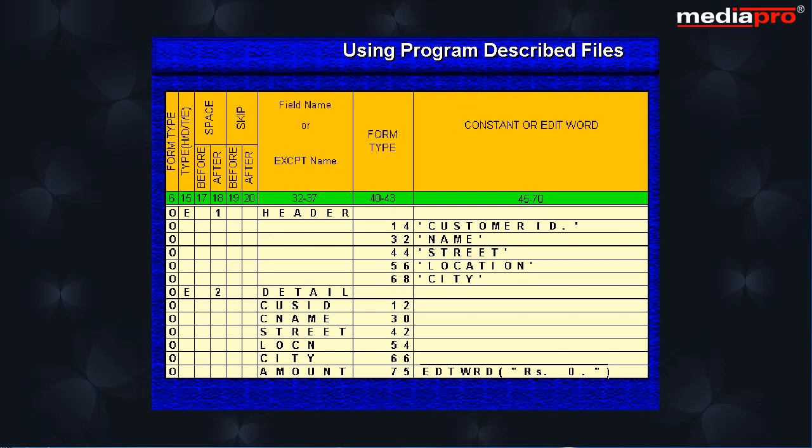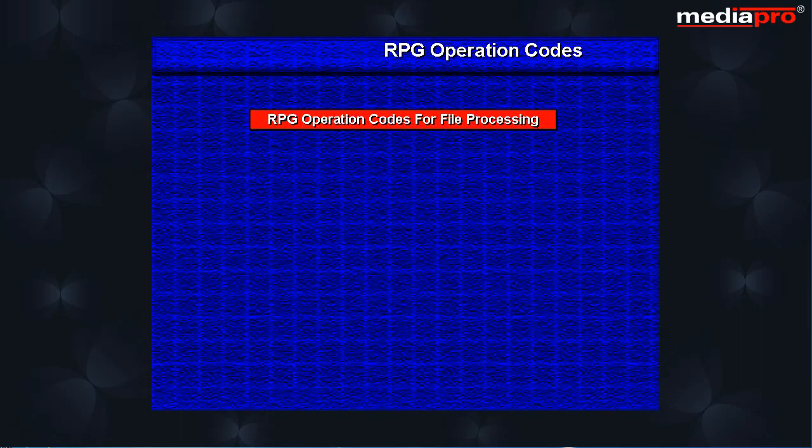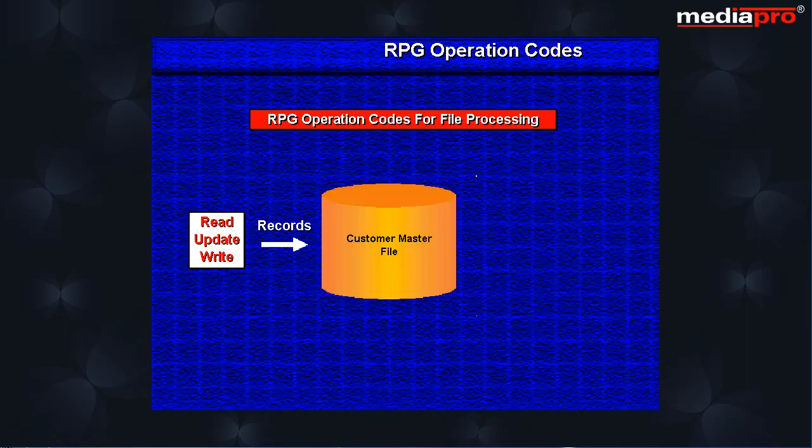Let us move on to the RPG operation codes used for processing files. In this section, we will look at the RPG operation codes for file processing. We will see how to read, update, and write records in a database file, and also see how to position the database file cursor.